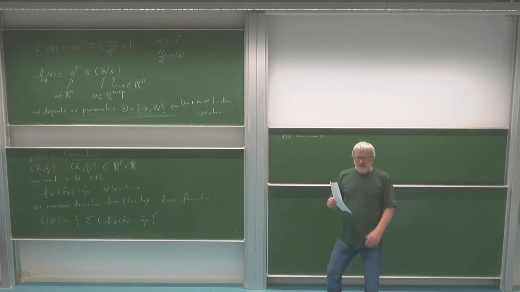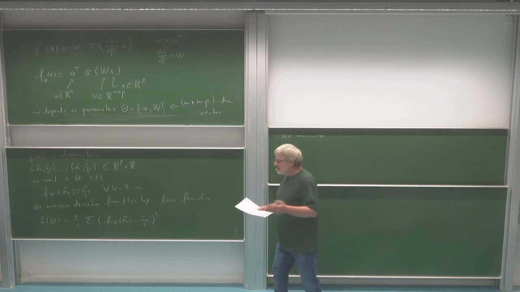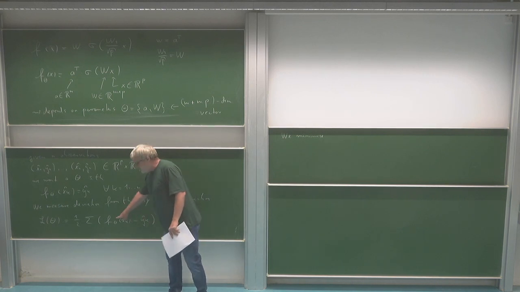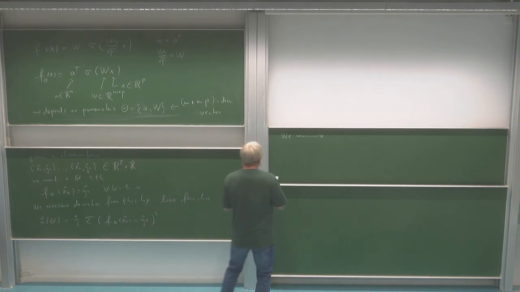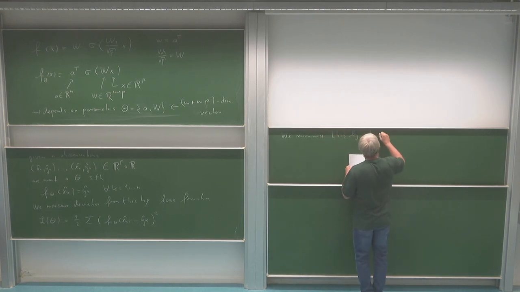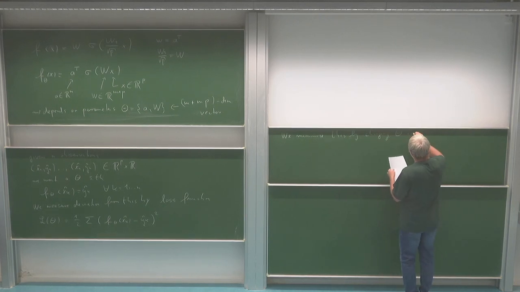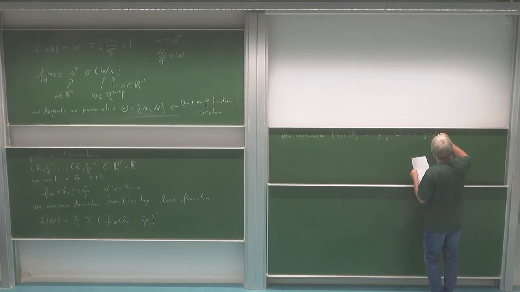Our neural nets have many parameters so that we are able to really get 0 here. Good, so we want to minimize this by changing our parameters theta by doing a gradient descent.